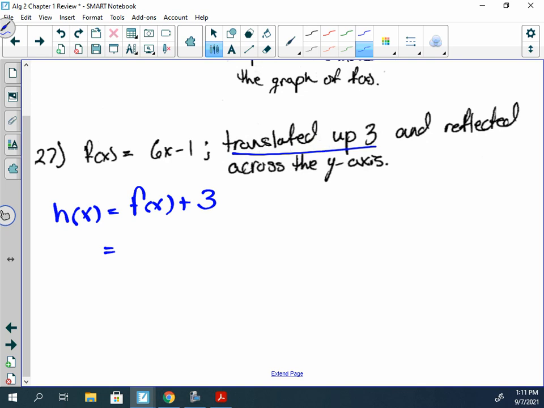So we still have f of x. We didn't do anything to it. So I can just replace f of x with its function, which would be 6x minus 1, plus 3. Now we can go on and just drop the parentheses and have 6x minus 1 plus 3.